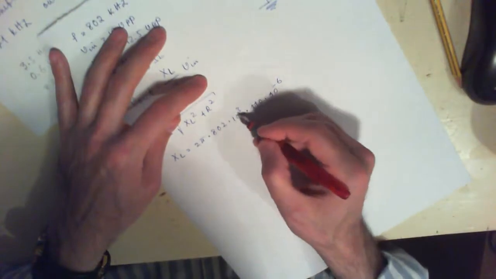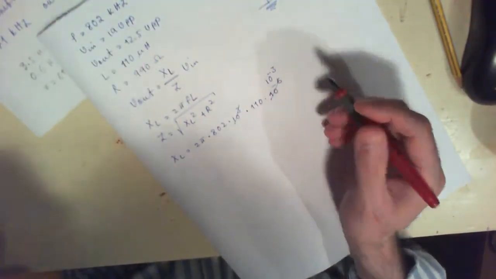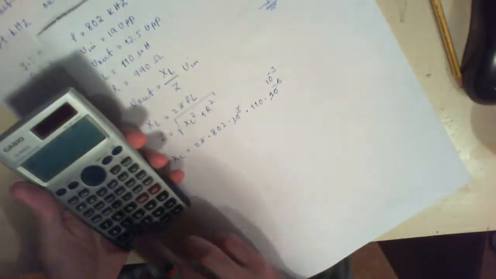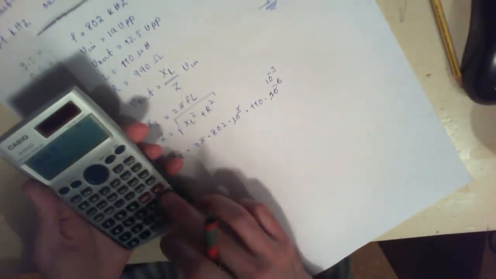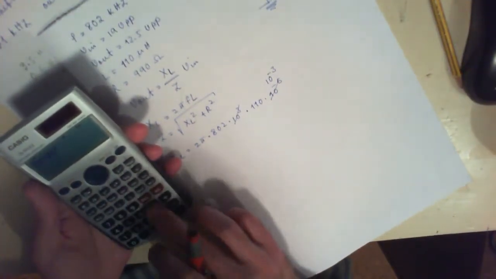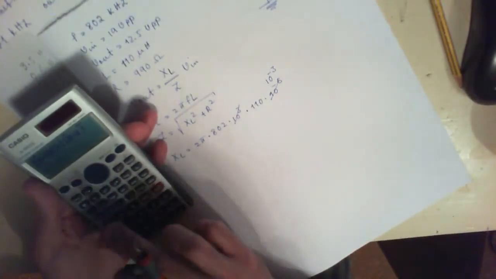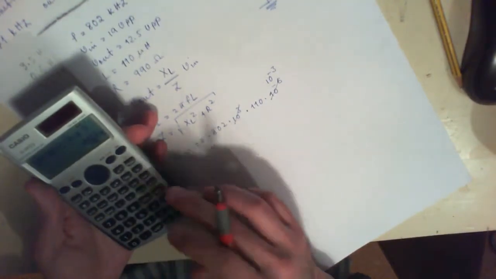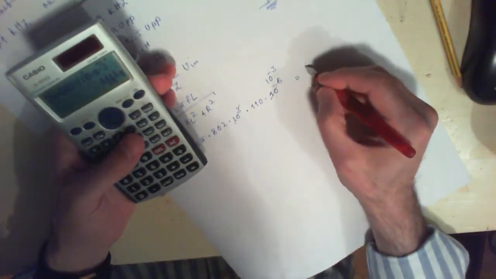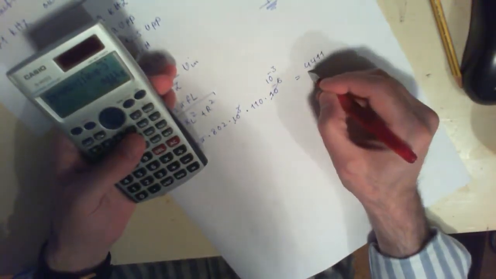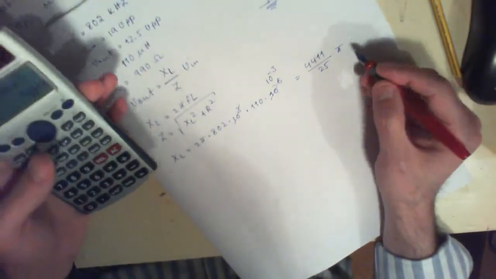You can simplify this a little bit: 10 raised to power negative 3, and then 2 pi times 802 times 110, which is equal to 4411 pi over 25. Okay, that's your X of L.